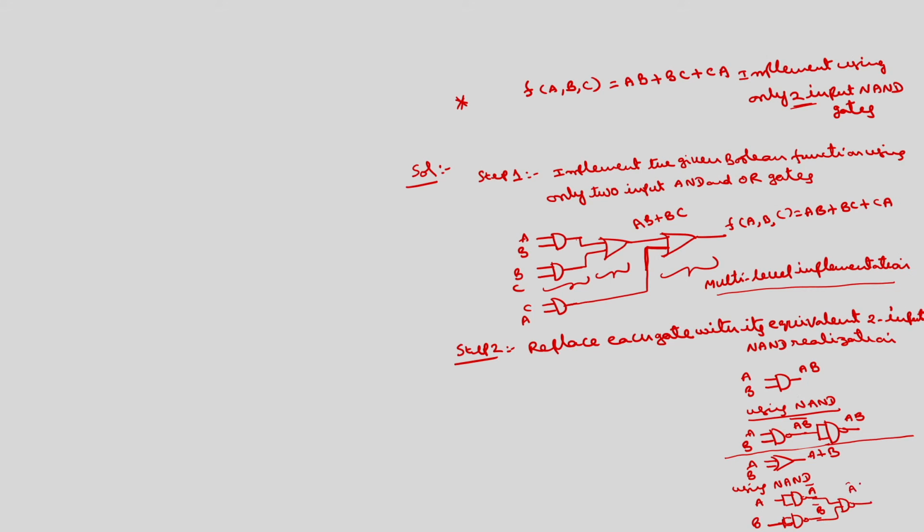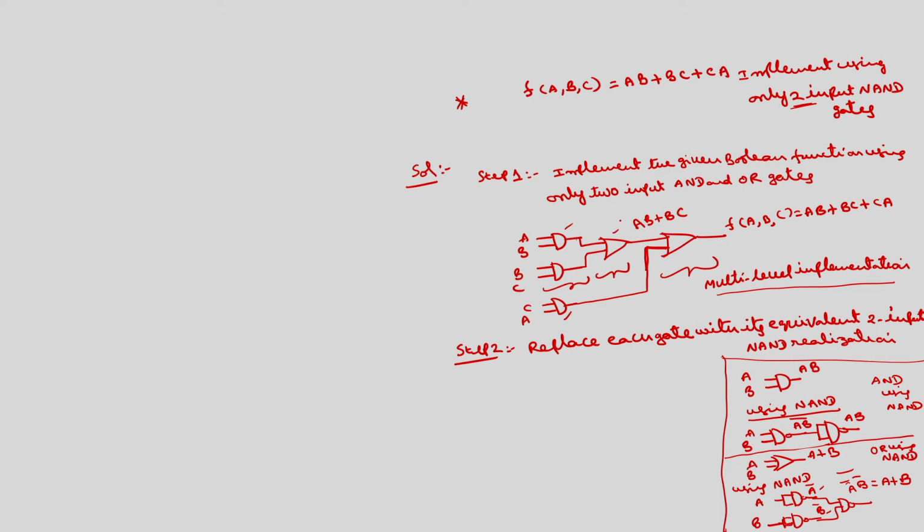This is A bar into B bar whole bar. This is A bar, this is B bar, A bar B bar whole bar, which is equal to A plus B according to De Morgan's law. So, this is how we can implement AND using NAND, and this is OR using NAND. So, you have to do this equivalence here.